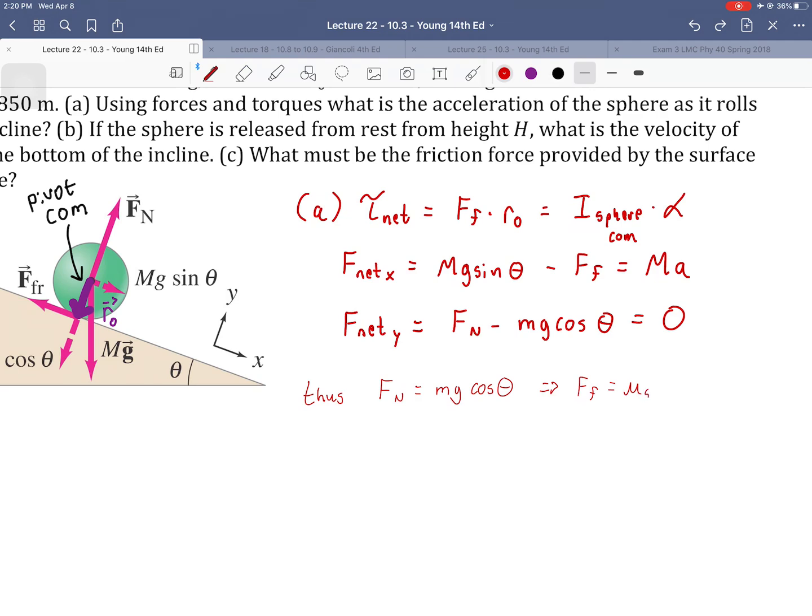And so that means our friction force is simply going to be mu s mg cosine theta. Why mu s? Because we showed with our relative velocity, with our baseline assumption about pure rolling motion, which this problem is, that the point of contact is not actually moving relative to the ground.